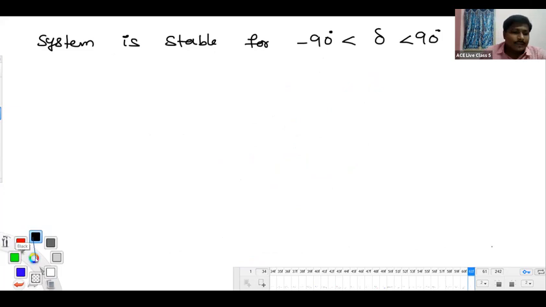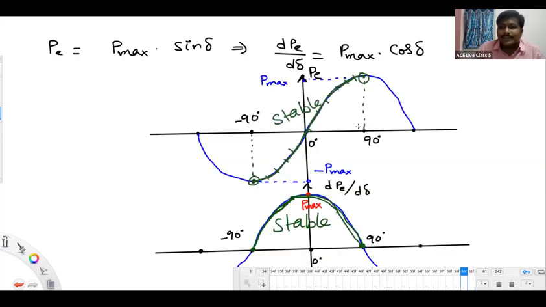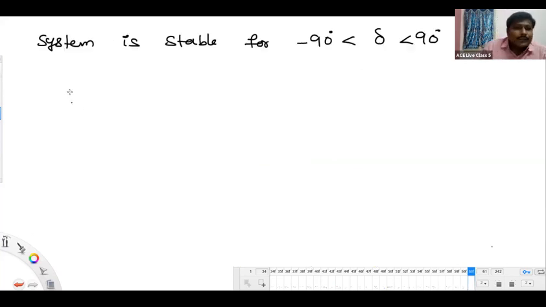See, generally, the stability angle of the system is the angle at which we are going to touch the maximum power. We said it is 90 degrees in this particular situation. So the stability angle of the system in this case will be 90 degrees.